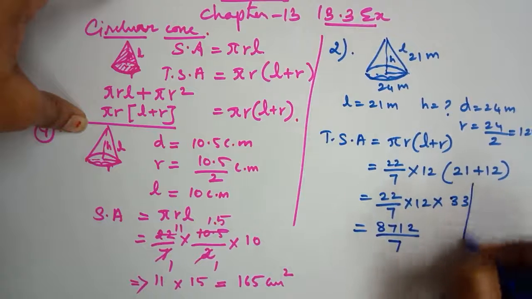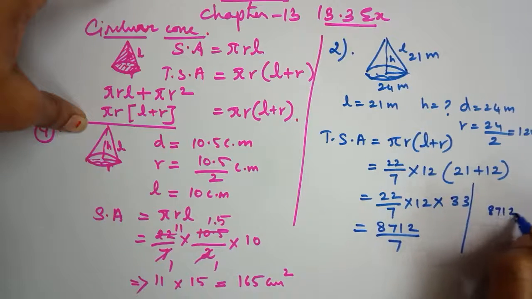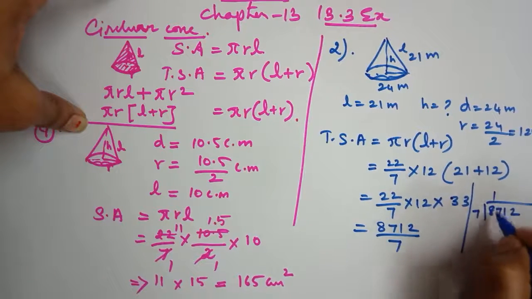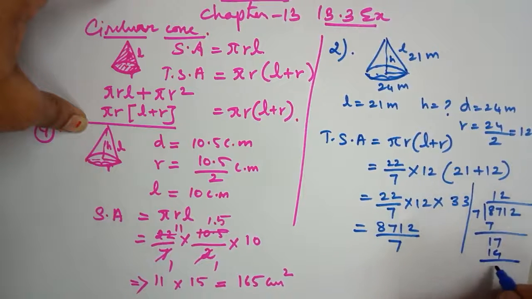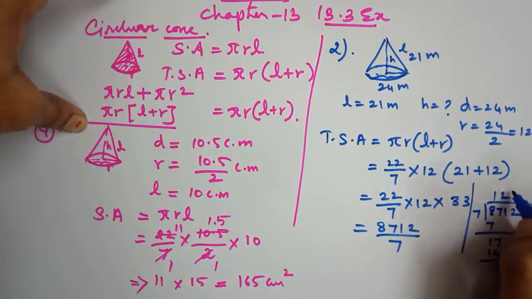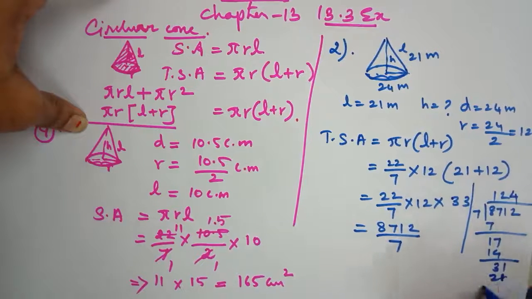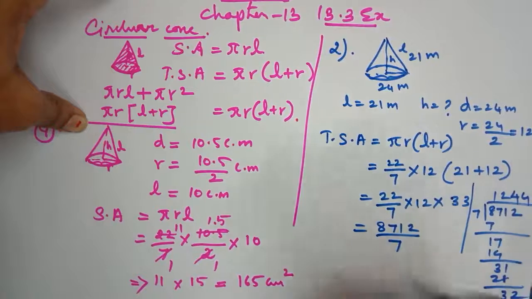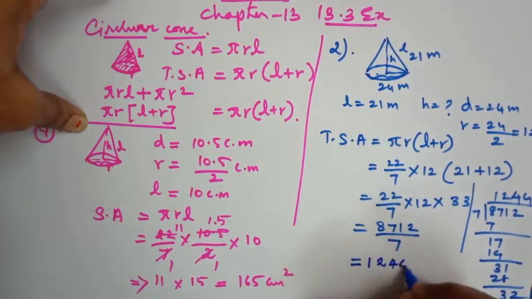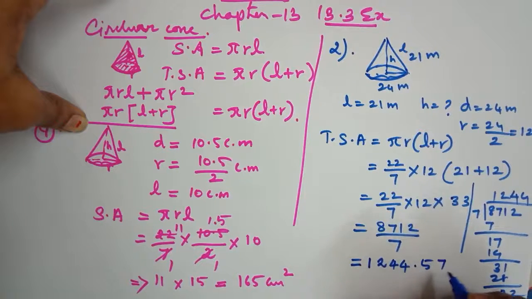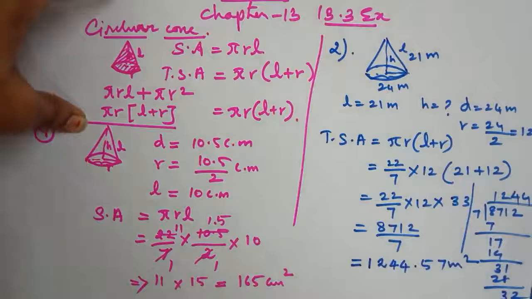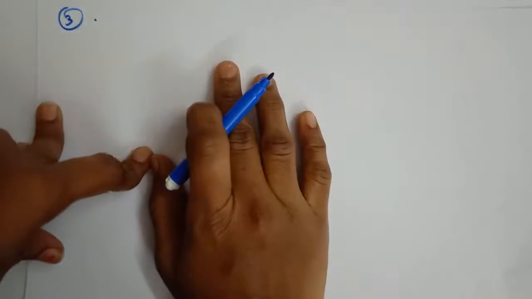Dividing 8712 by 7, at last you have 1244.57 meters square. Is it clear? Good.